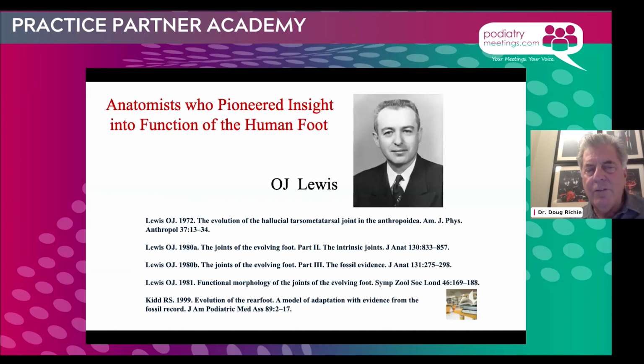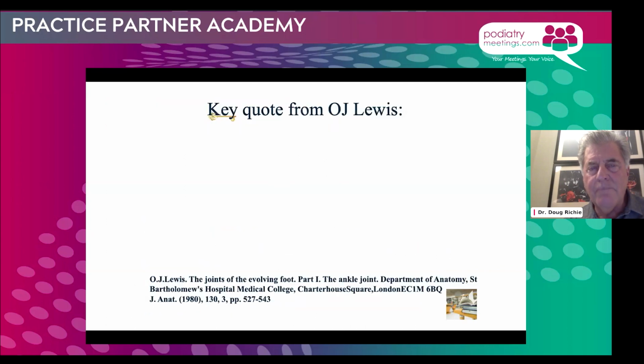O.J. Lewis followed McConnell in the 70s and 80s, and rather than comparing the foot plate of humans to the hand of humans, he compared it to other primates and wrote a number of very important papers that are listed here.